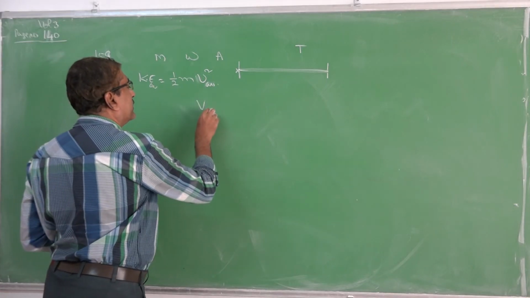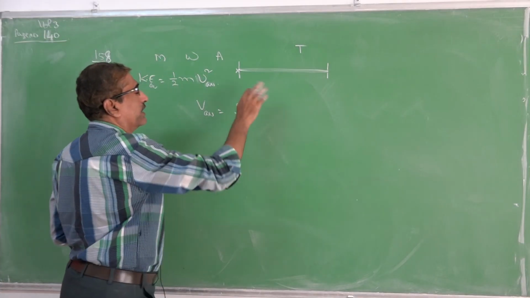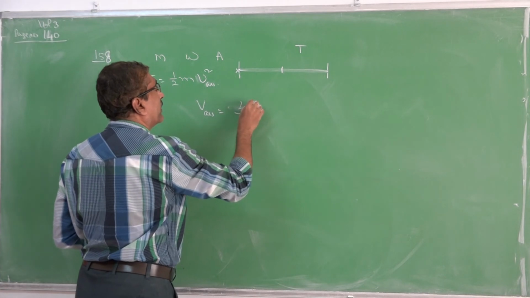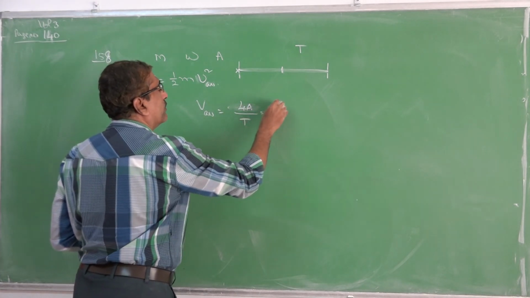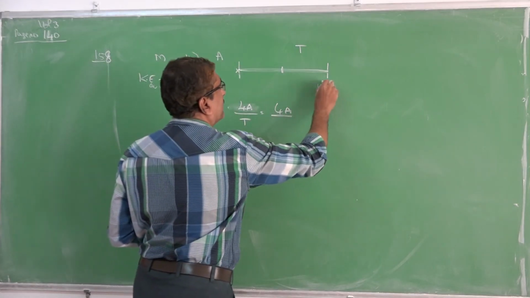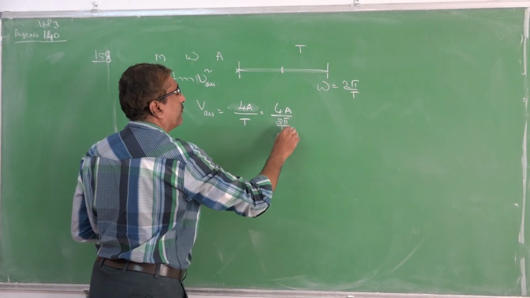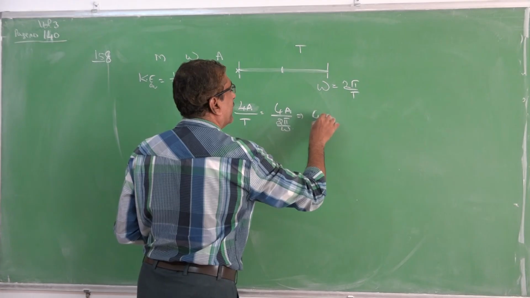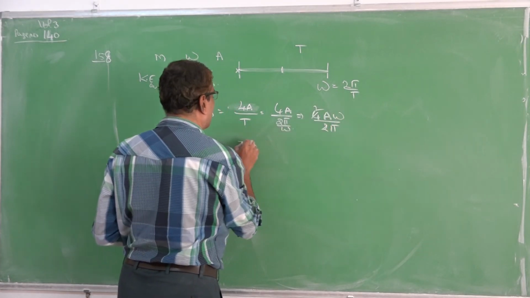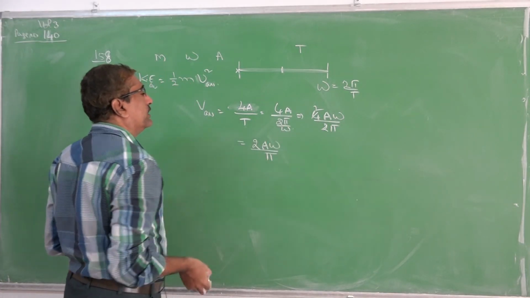So V average is equal to total distance by total time, sorry, not 2A, from the mean position it is A, so 4A by T. T can be written as, omega is equal to 2 pi by T, so T is equal to 2 pi by omega. This is equal to 4A omega by 2 pi. 2 will get cancelled, that is 2A omega by pi. So this is the average velocity.